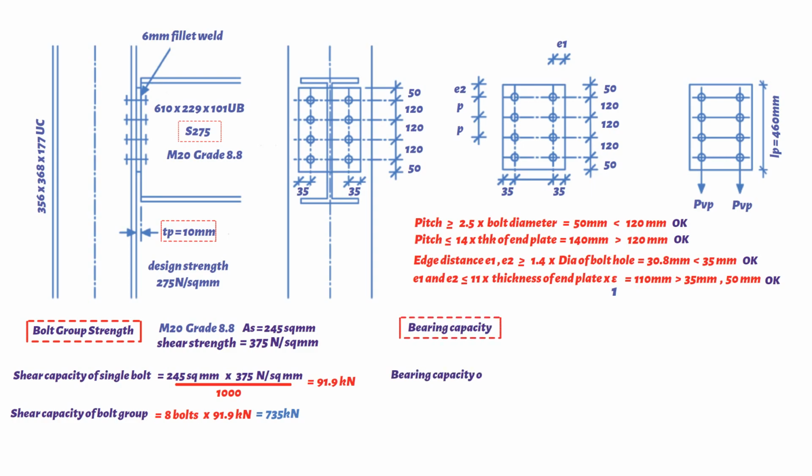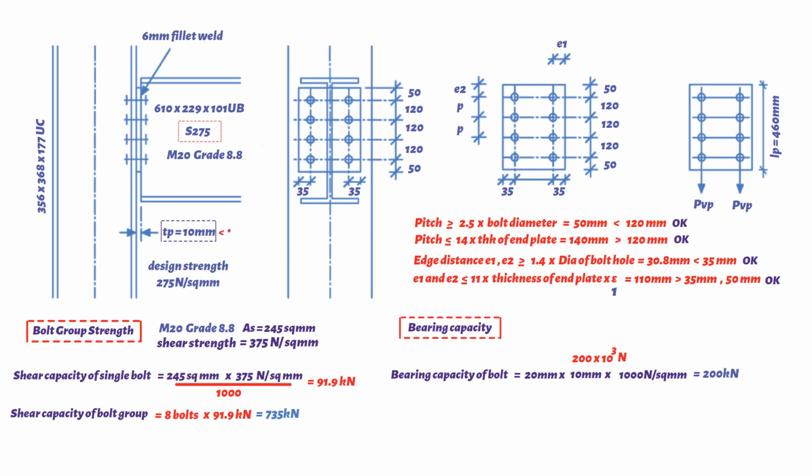Bearing capacity of bolt is given by bolt diameter 20 mm, multiplied by thickness of end plate connected part, which is 10 mm, multiplied by bearing strength of the bolts, which is equal to 1000 Newton per square millimeters for grade 8.8. Therefore, the bearing capacity of bolt equals 200 times 10 to the power of 3 Newton. Divide by 1000, this gives us a value of 200 kilonewtons.